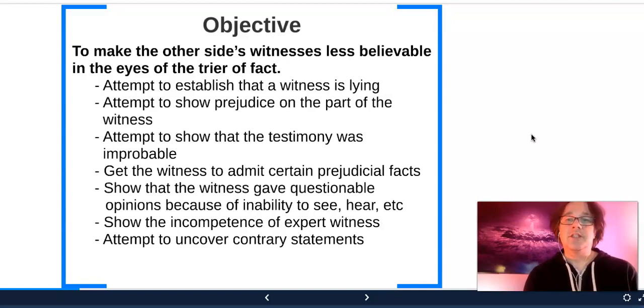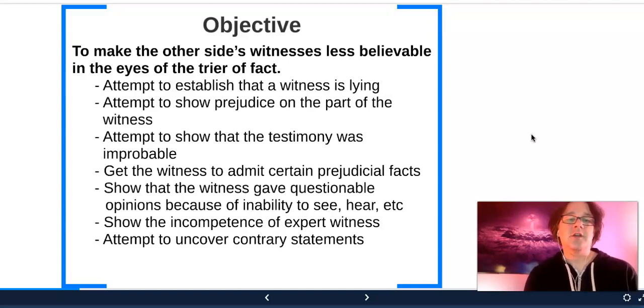What was your relationship like? Maybe, well, it's off and on. Did you guys fight a lot? Yeah. So it's fair to say that you don't like my client very much, do you? No, I don't. Right? So that could be a line of questioning to bring out these prejudicial facts from the witness on cross-examination.